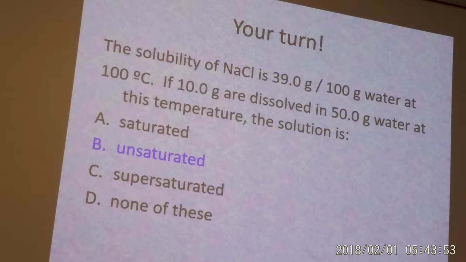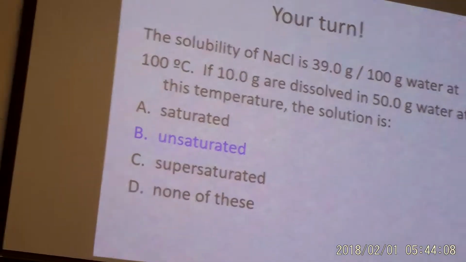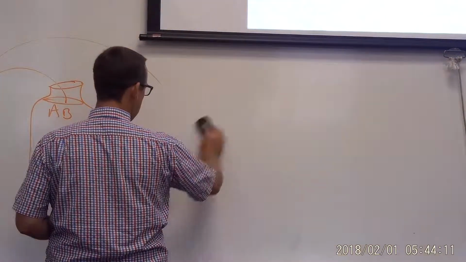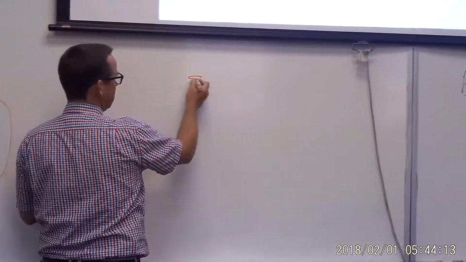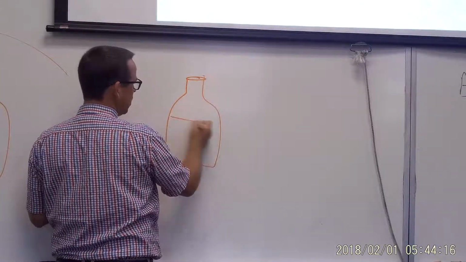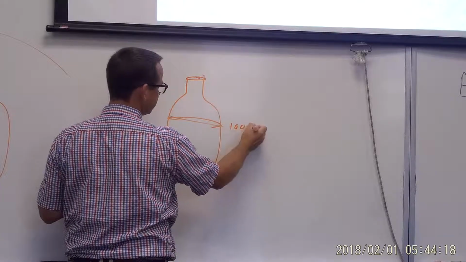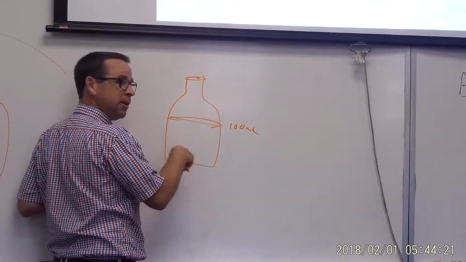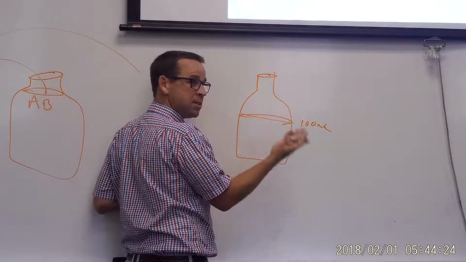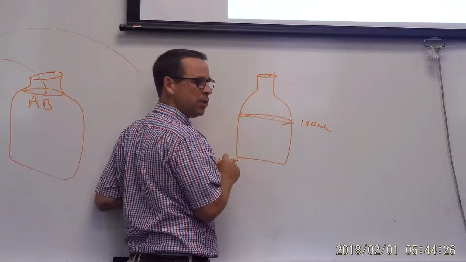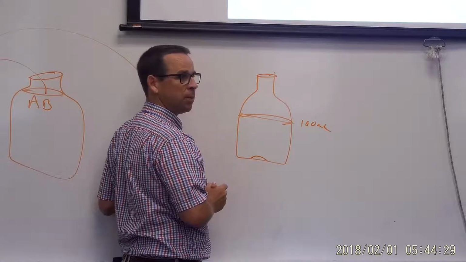Yes. Question? Didn't quite get it? Okay. So, we were told that the solubility, which means how much of that salt could dissolve in the water, at a, they're going to have to give you some information about the temperature generally because solubility is temperature dependent. Right? They're saying, here's a container, here's 100 mils of water. If I put salt in here and stir it around, it'll dissolve, but as soon as I get over 39 grams, it'll start making a pile on the bottom.